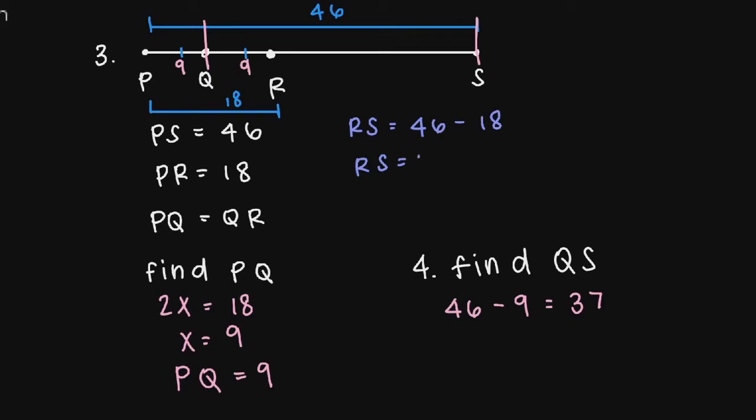So that means RS is 28. So another way to find QS is to add. So from Q to S would be QR plus RS, which means it would be 9 plus 28, which is also 37. So that's another way to solve this same problem.